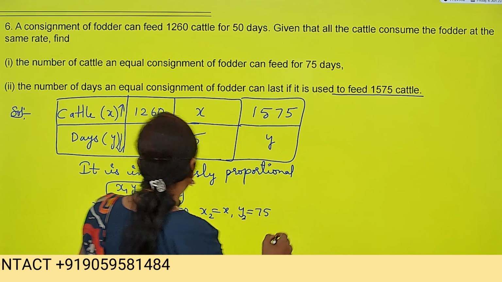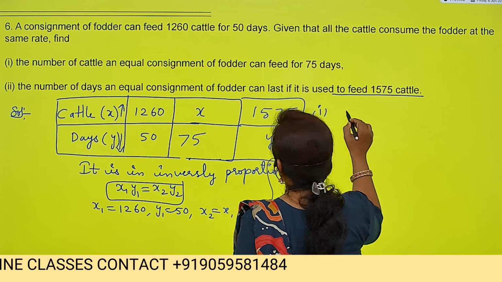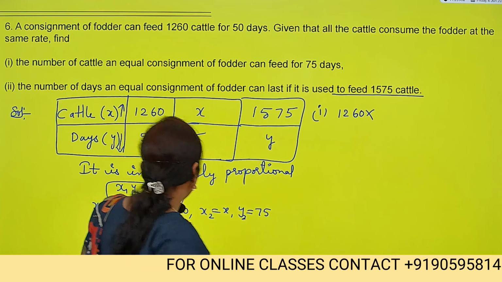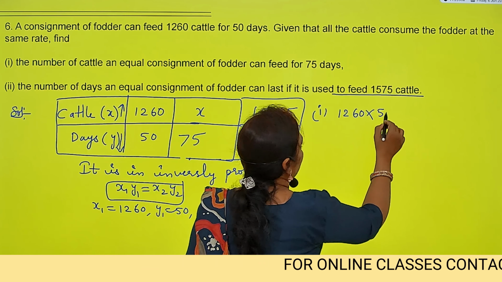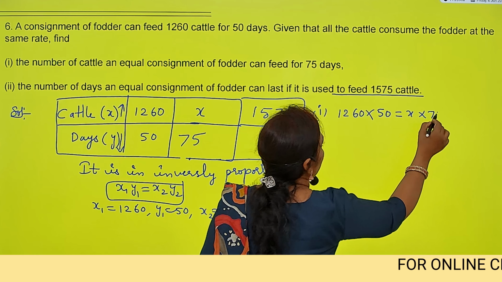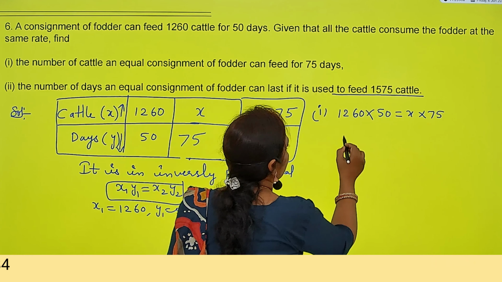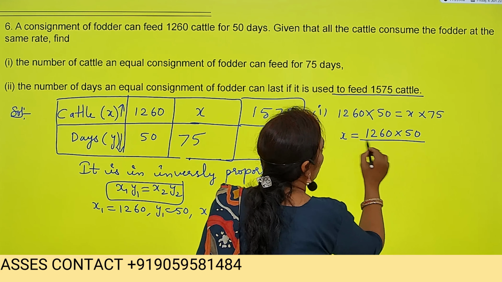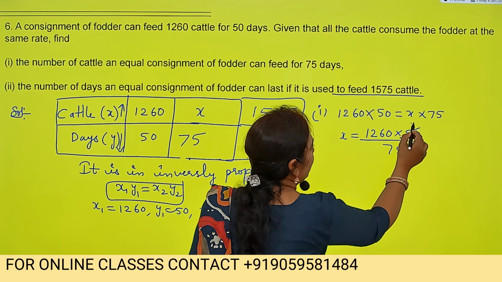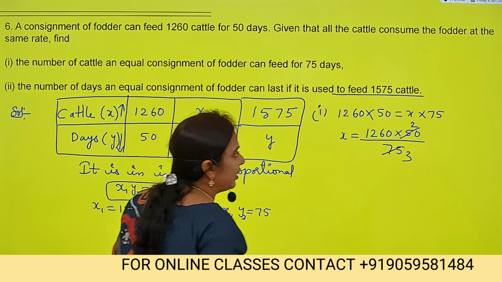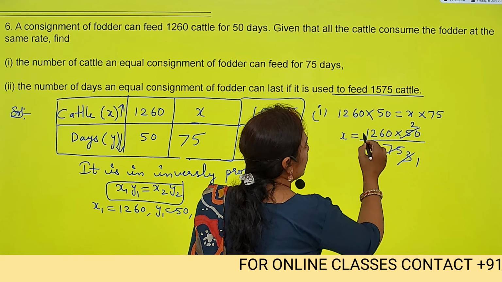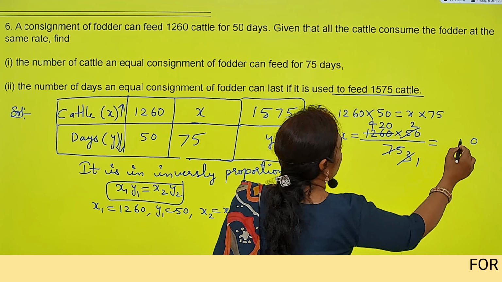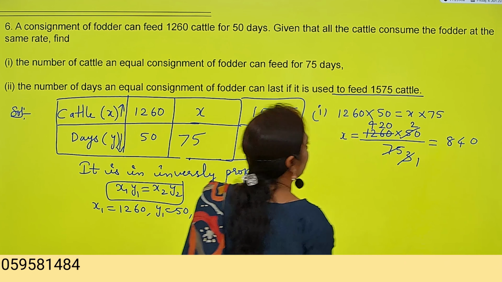Now write it. First question: x1 y1 means 1260 into 50 equals x into 75. Then x equals 1260 into 50 over 75. 25 twos are 50, 25 threes are 75. 3 ones are 3, 3 fours are 12, 3 twos are 6, 0. 2 twos are 4, 2 fours are 8.